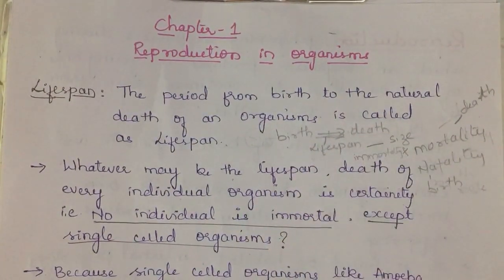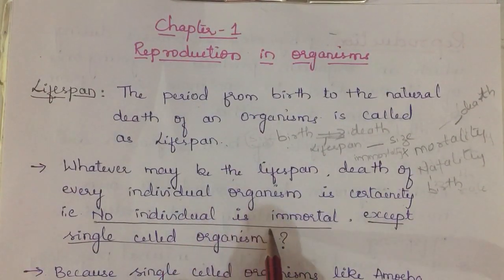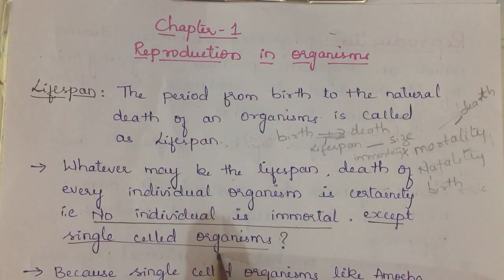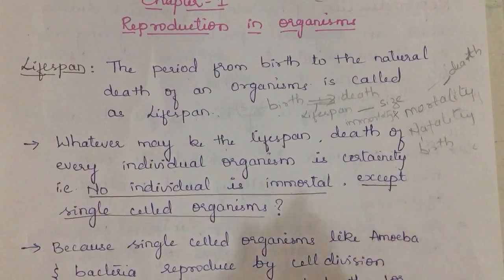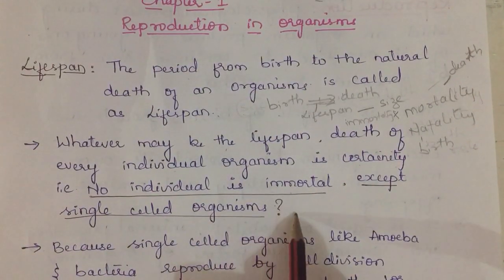So no individual is immortal, living continuously without death, except single-celled organisms. Only single-celled organisms are immortal. No other organism is immortal, because every organism will take birth and then there will be death. Now the question will arise: why are single-celled organisms immortal?